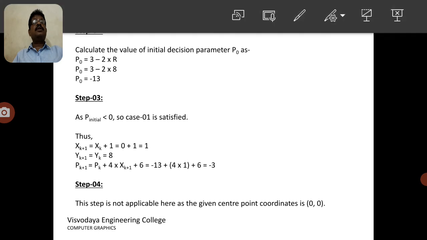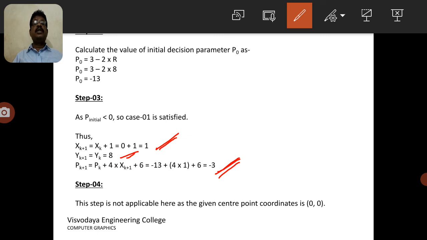Here you can observe this is the next coordinate, and there is no change in the y value because yk plus 1 equals yk. Then we find the next parameter value: pk plus 1 equals pk plus 4 into xk plus 1 plus 6. The total value becomes minus 3. So the next decision parameter is also a negative value.